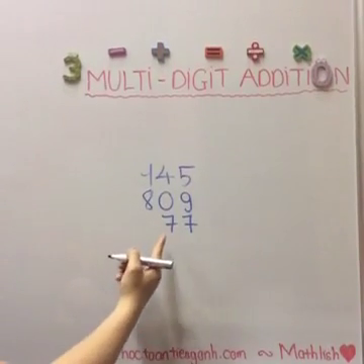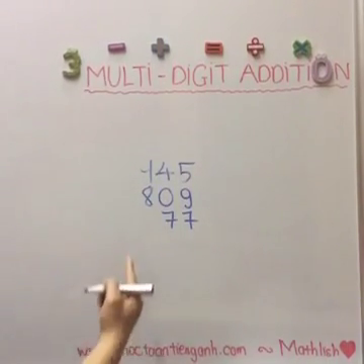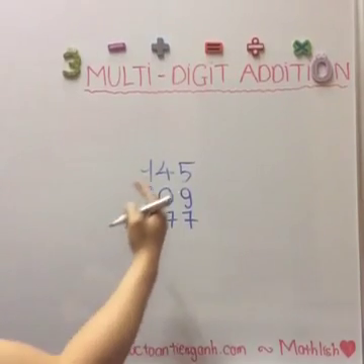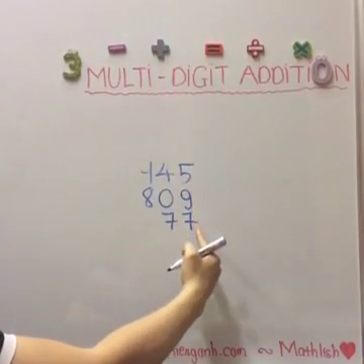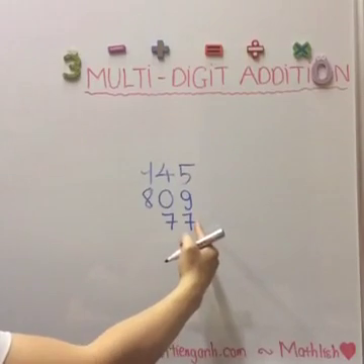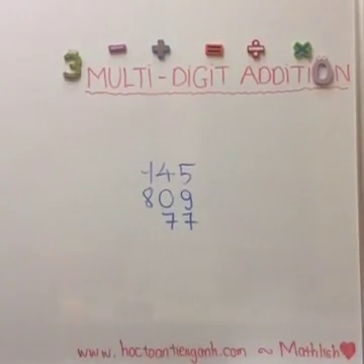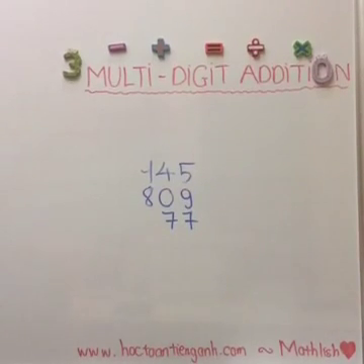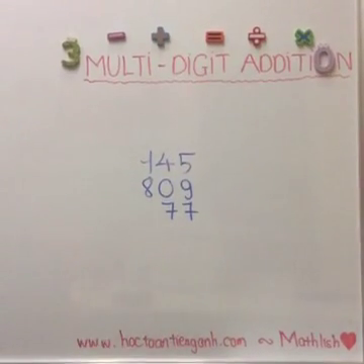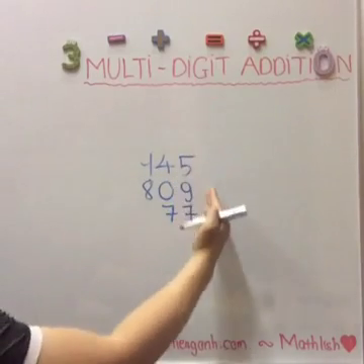We start the same way, stacking the numbers up and making sure all the ones places line up in the column on the right. Okay, and as always, we add up the digits in the right-hand column first.